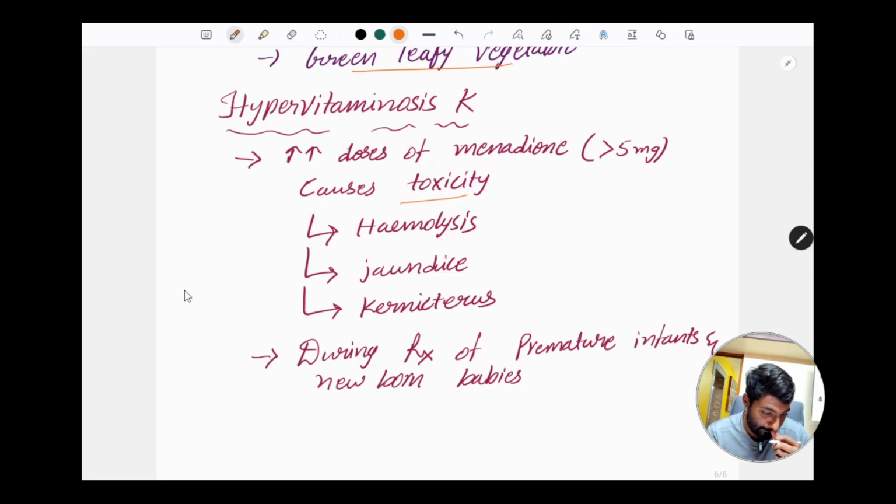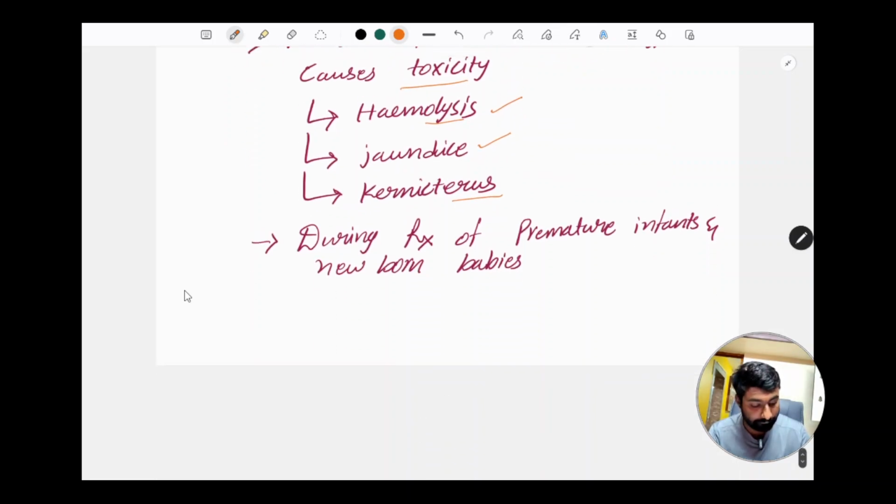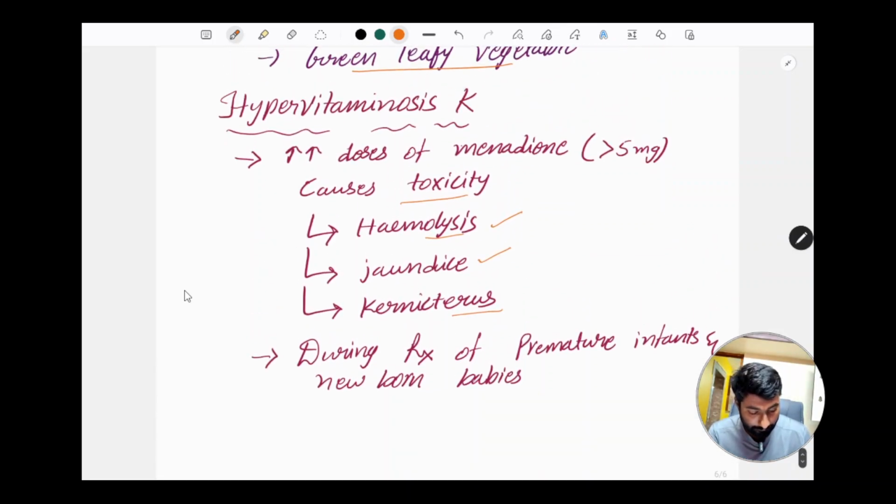During this toxicity, these are the signs which are present: hemolysis, jaundice, and kernicterus. These particularly happen during the treatment of premature infants and newborn babies.